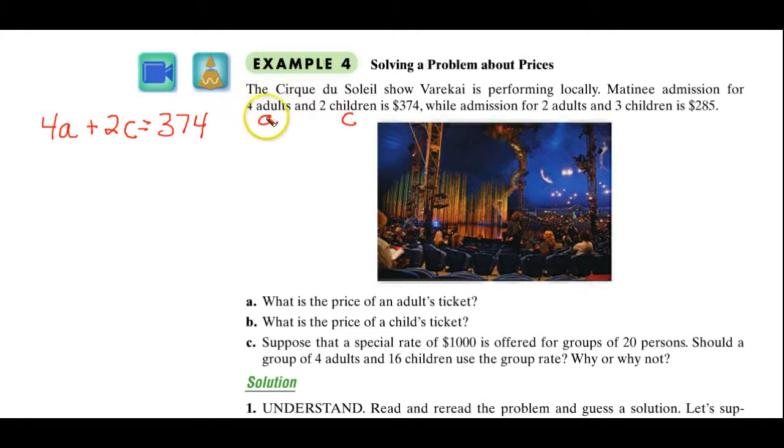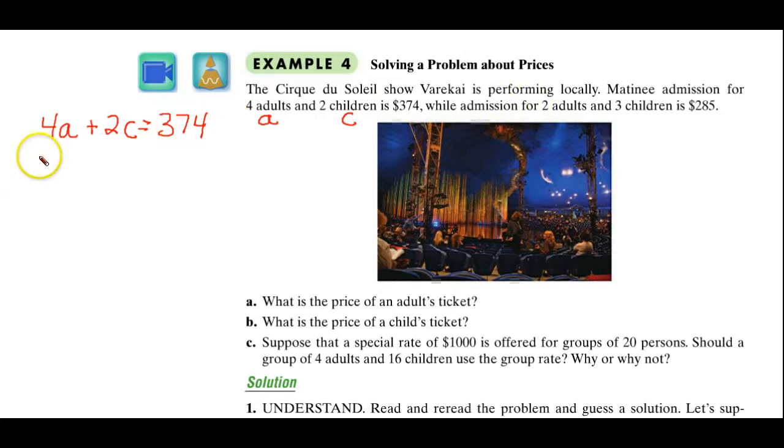For adult, again, we don't know how much the adult tickets cost. That's why we're calling that price A, the adult price. We have 4 times that price is going to give us a sum of money. 2 times the children's price will give us a sum of money, and that sum of money is this.